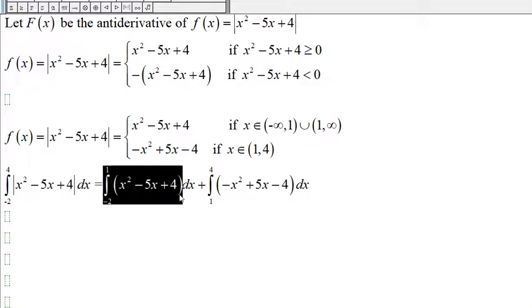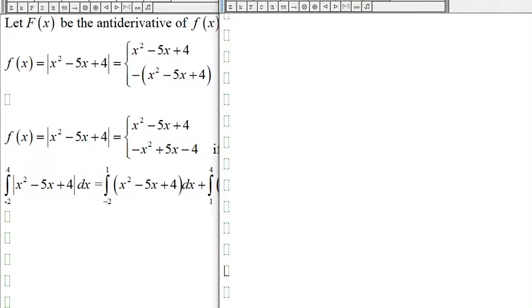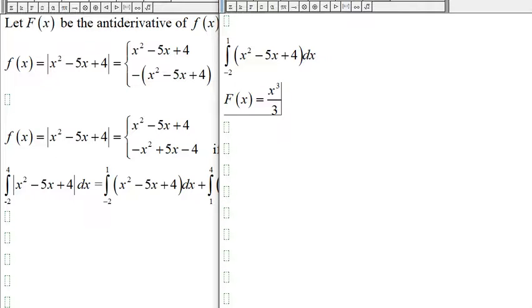So let's do the first one. So with this one, the antiderivative of x squared, add 1 to the exponent, so we get x to the third, and then dividing by 3, and then minus 5 times, this is x to the first, and so antiderivative would be x to the second, dividing by 2, and then antiderivative for the constant 4 is 4x.